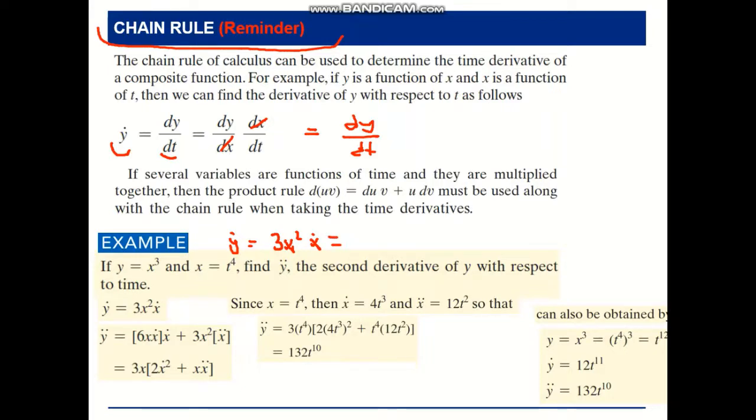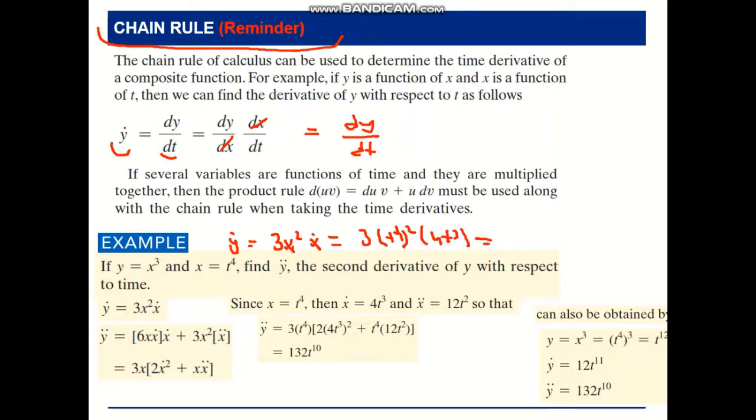Then, what is x with respect to t? We're just going to plug it in here: t to the 4th. And the first derivative of x with respect to time is going to be 4t cubed.